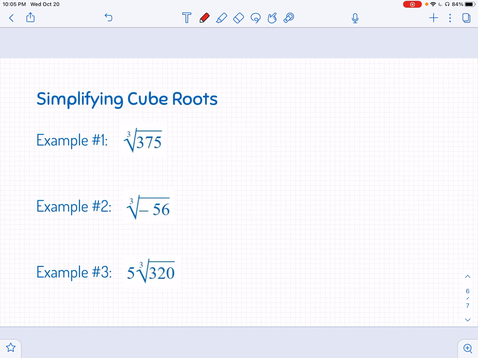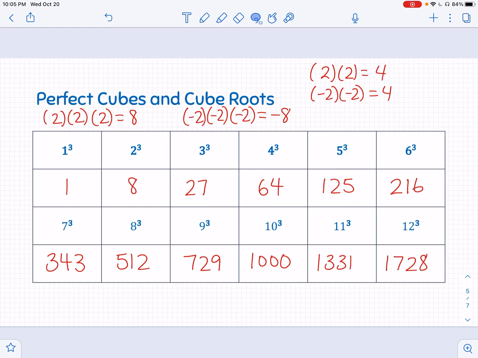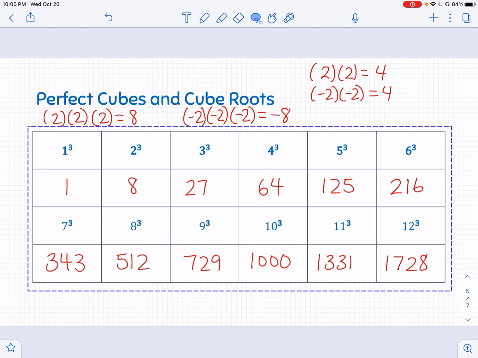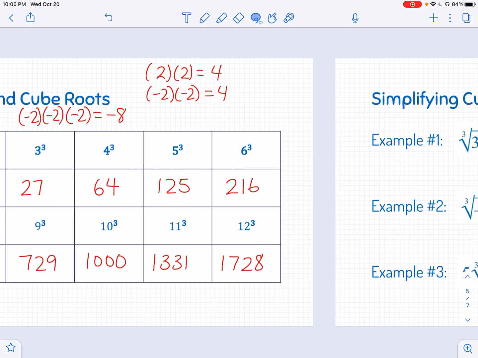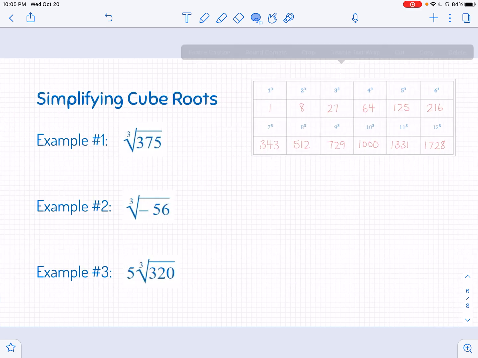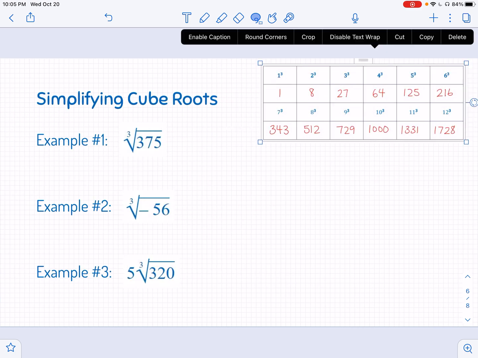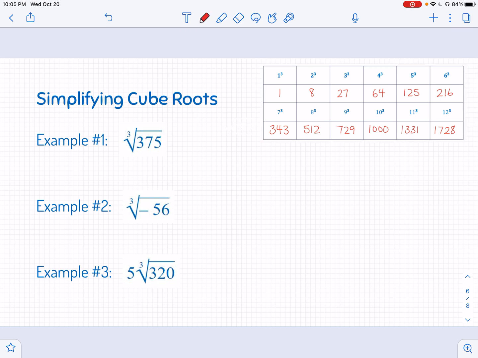So let's look at some examples. And let me do that screenshot again, just so we have a reference point. So just like we did previously, you're going to look through this list and say which is the largest one of these numbers that divides evenly into 375. And yes, 343 is smaller, but it doesn't divide evenly into 375.